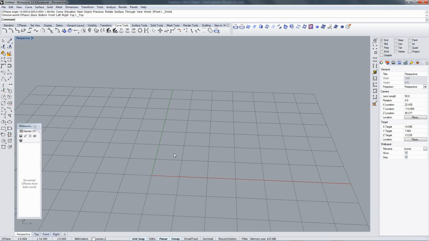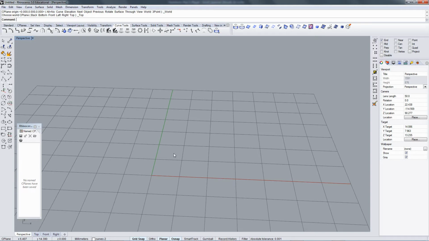Okay? I don't like to think in local coordinates if I don't have to. I always tend to think in global coordinates. It makes it easier for me. There are times, especially in transforms, when Rhino is thinking in terms of local coordinates, but usually you don't have to worry about that. What you have to be aware of is that there are two coordinate systems, global and local.